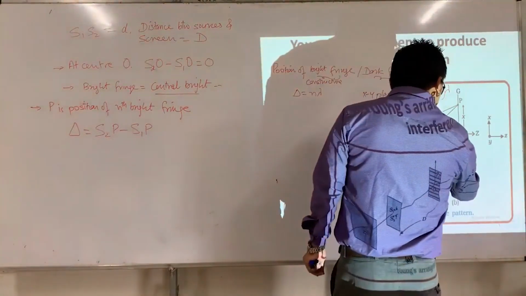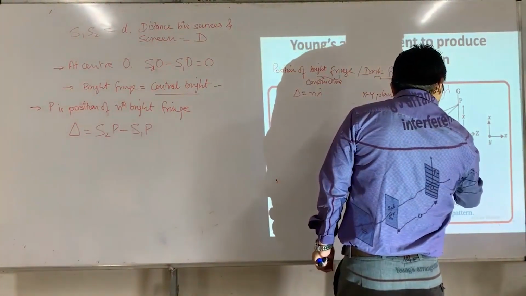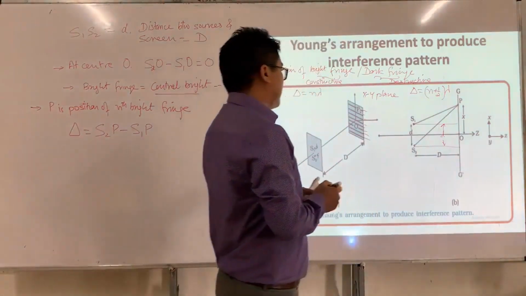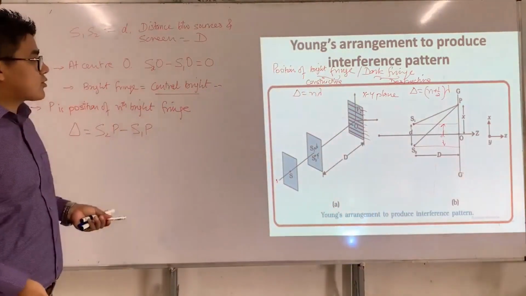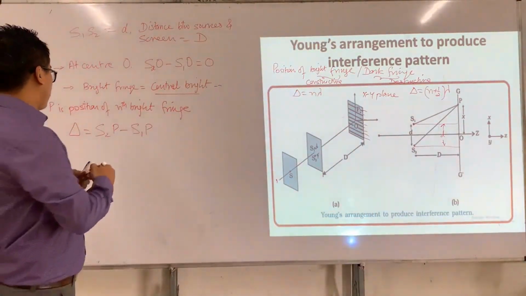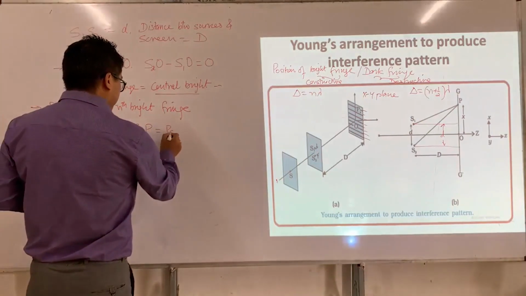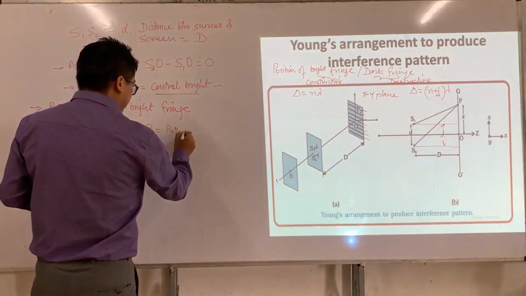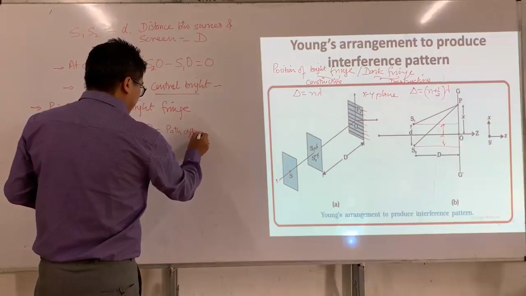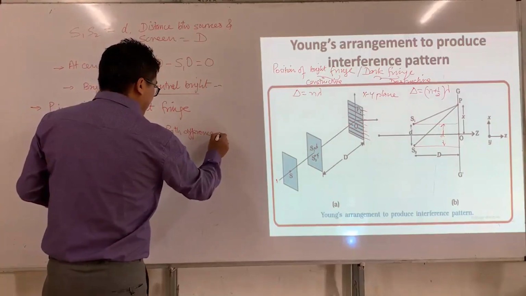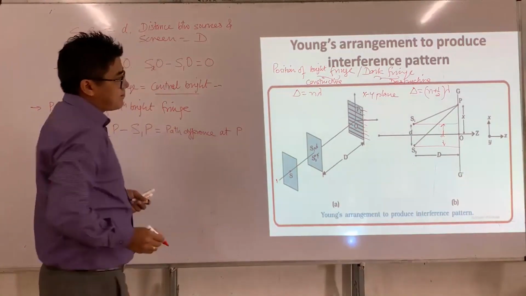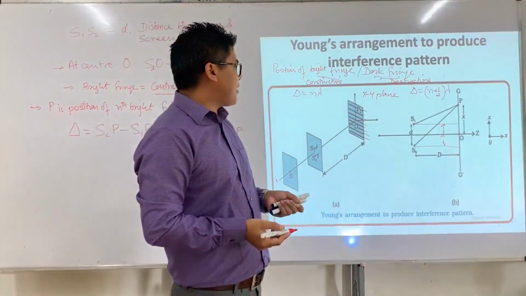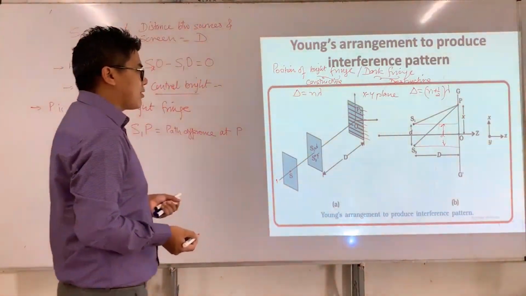And this distance is D. So we would like to find out this path difference at P. So how to find this?